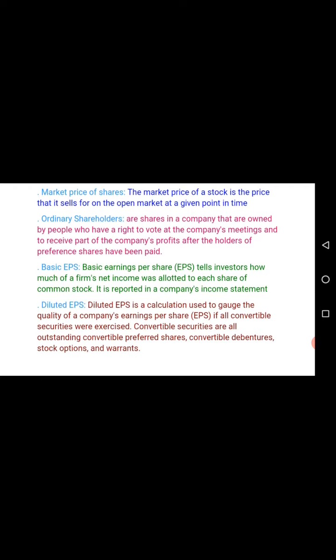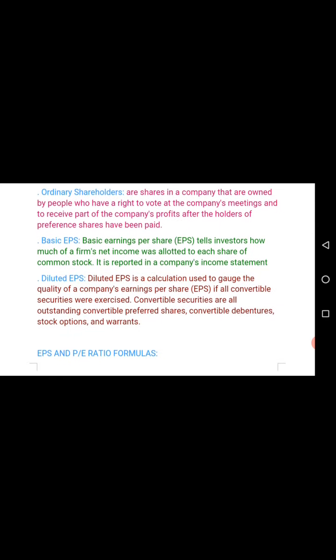It is reported in a company's income statement. We'll do the calculations later on. This is where we'll focus in this part 1. Then part 2 will take care of the diluted EPS that we're going into now.